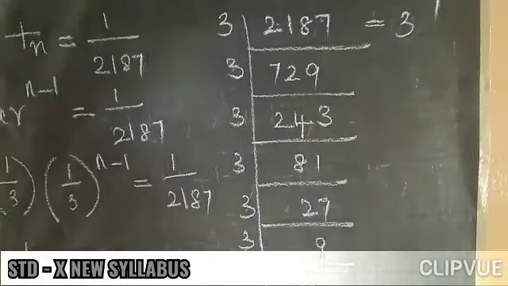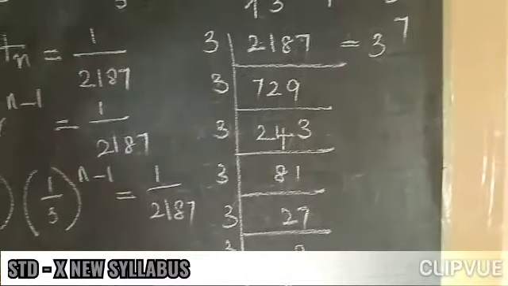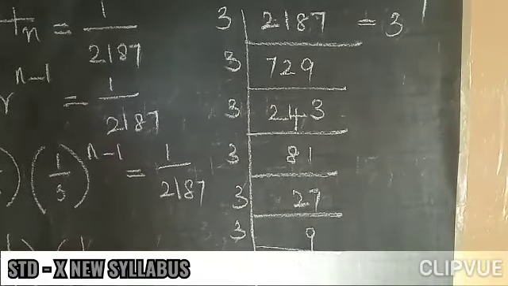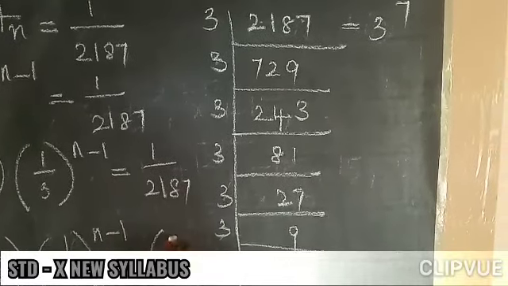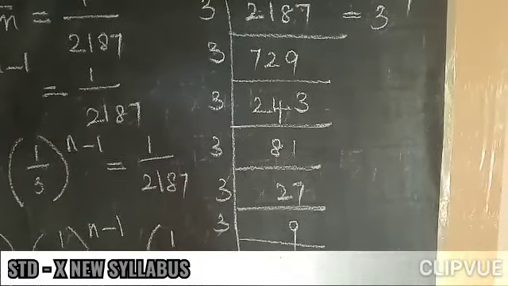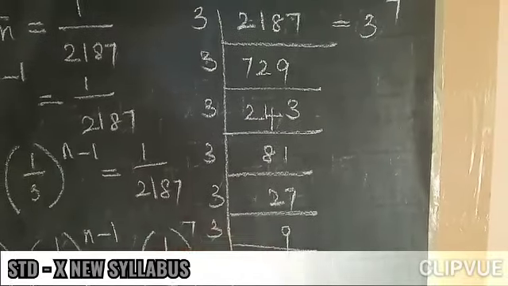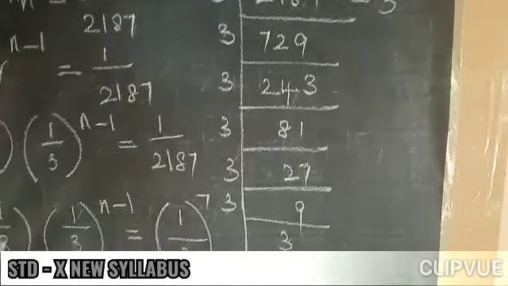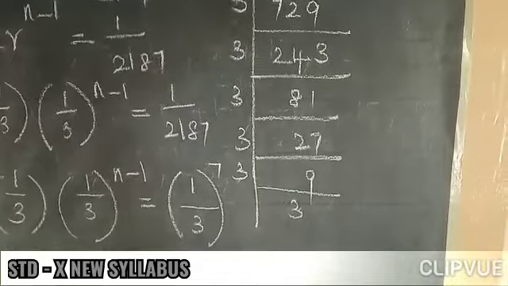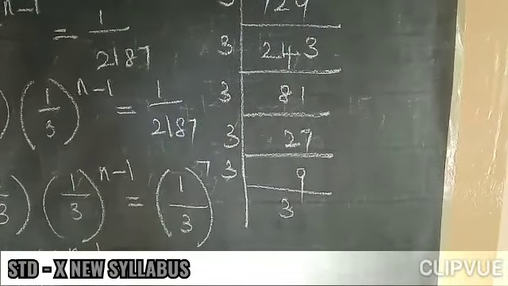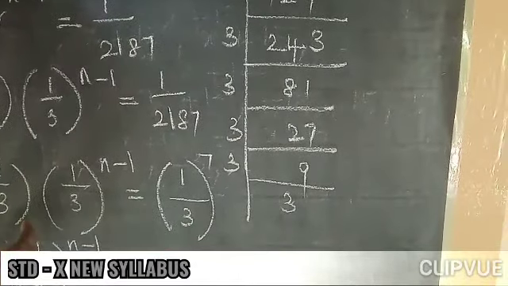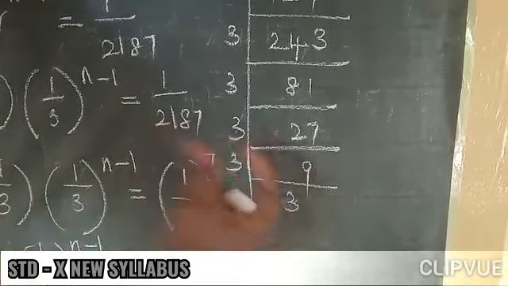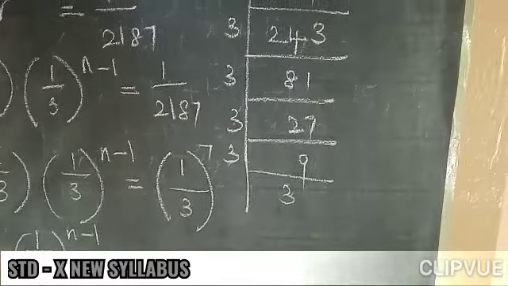So 1 by 3 into 1 by 3 whole power n minus 1 is equal to 1 by 3 whole power 7. We can write it: 1 by 3 whole power n minus 1 is equal to, this 1 by 3 on the left-hand side, if we take it to the right-hand side, it becomes 3 by 1.